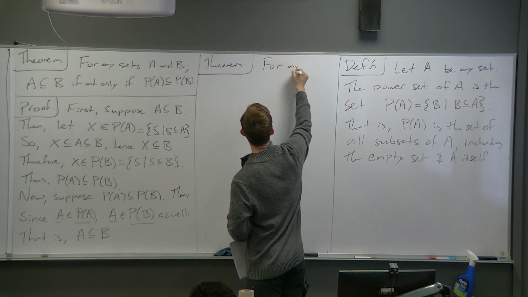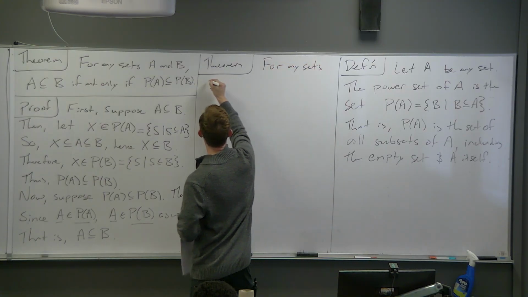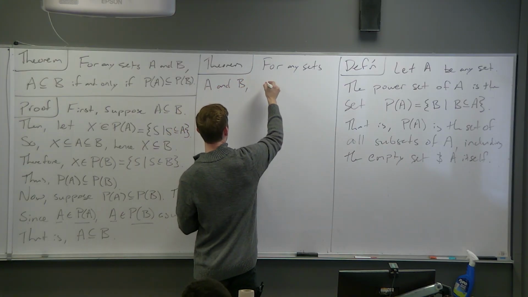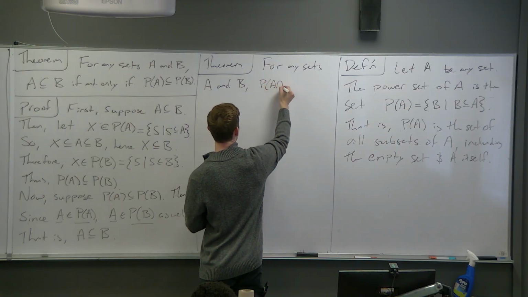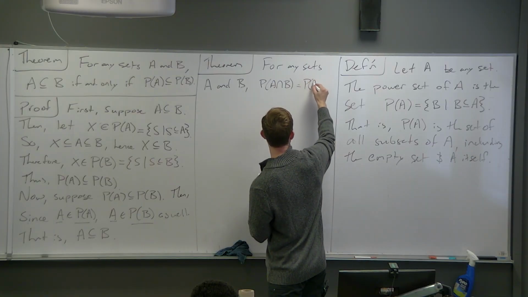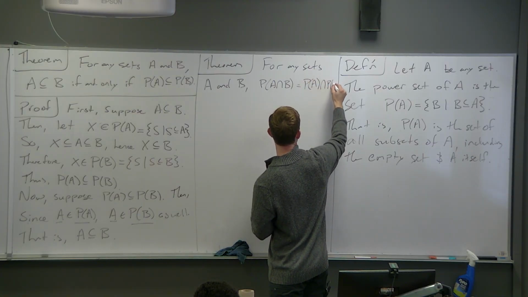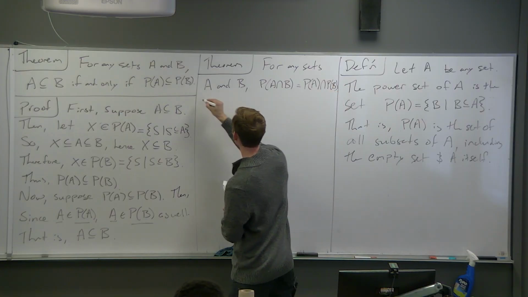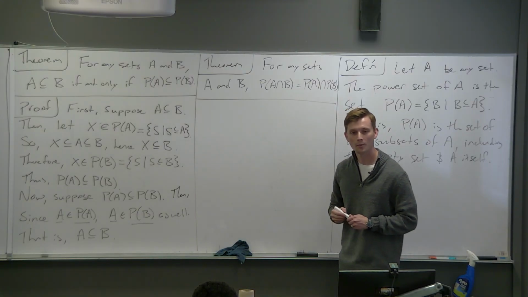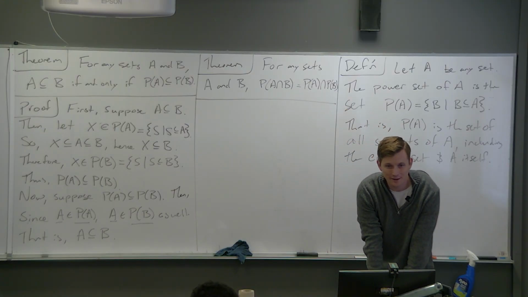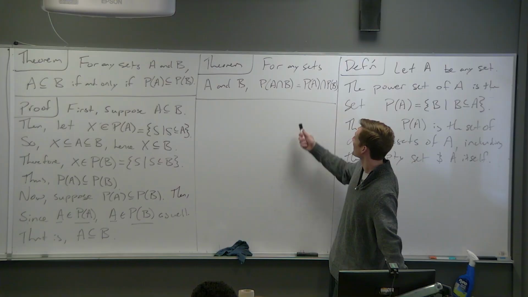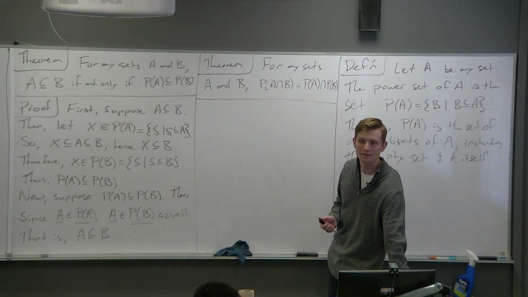For any sets A and B, the power set of A intersect B is indeed equal to the power set of A intersect the power set of B. Ooh, that's pretty nice. It means that you can break up power sets across intersections. So if you want to take the power set of an intersection, that is the intersection of the power sets.